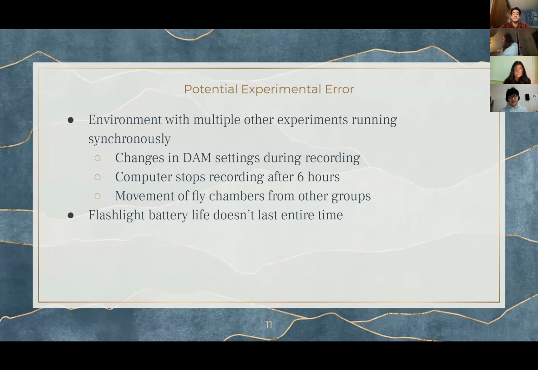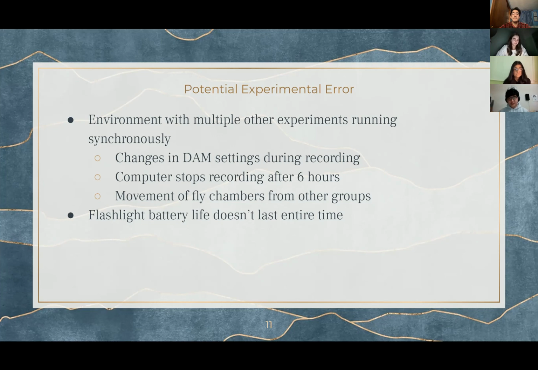In every experiment, it's very important to consider potential experimental error. For our experiment, a significant portion of potential error came from the fact that in the environment where we were conducting our research, there were multiple other groups also synchronously running their crosses in the same DAM monitor.